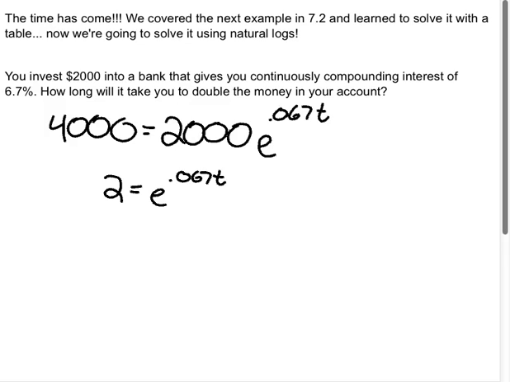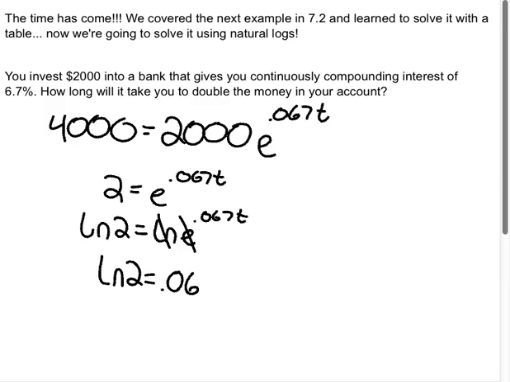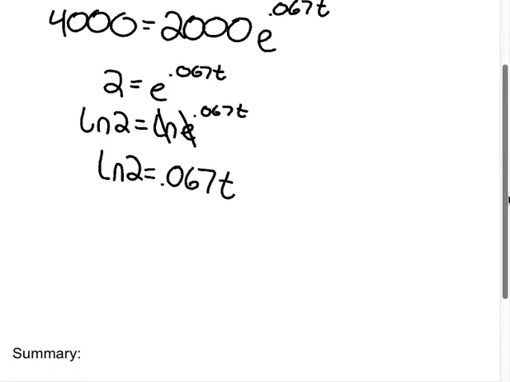Now I can natural log both sides. Well, the ln and the e cancel each other. So now just take ln 2 divided by 0.067, and that's going to give me the time.